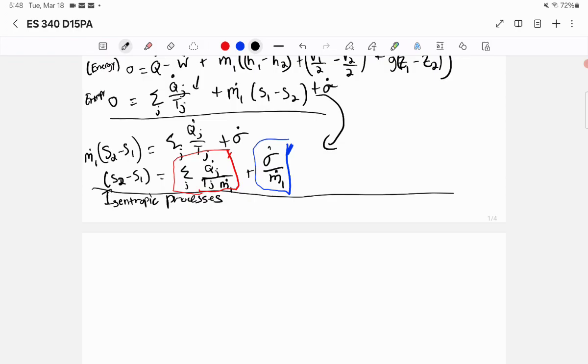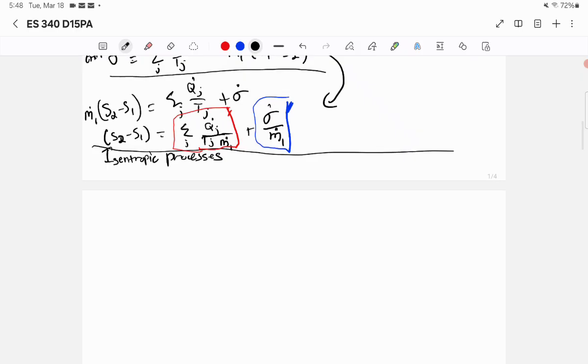There's isobaric processes where the pressure is held constant, and things like that. So isentropic processes are where the entropy is held constant. That means S2 minus S1 is equal to 0, basically, in an isentropic process.